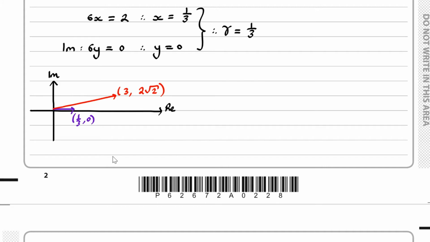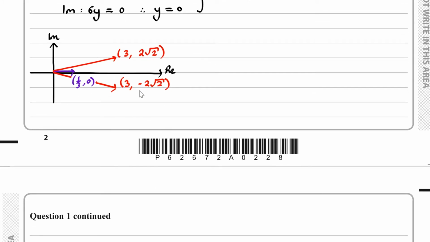And we've also got the other root over here. So if I plot that as well, we've got this over here. Coordinates 3, minus 2 root 2. Okay, so those are our roots plotted on an Argand diagram.